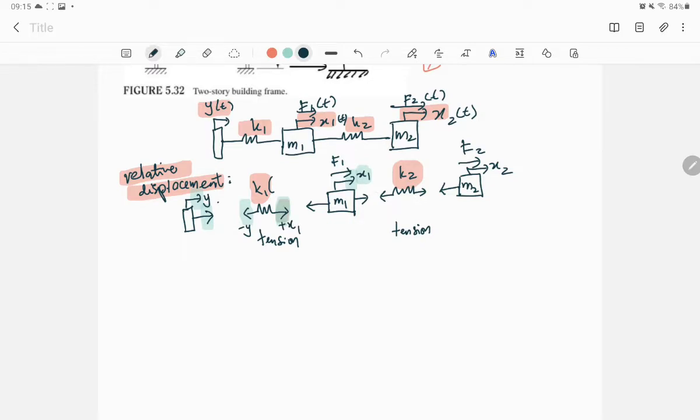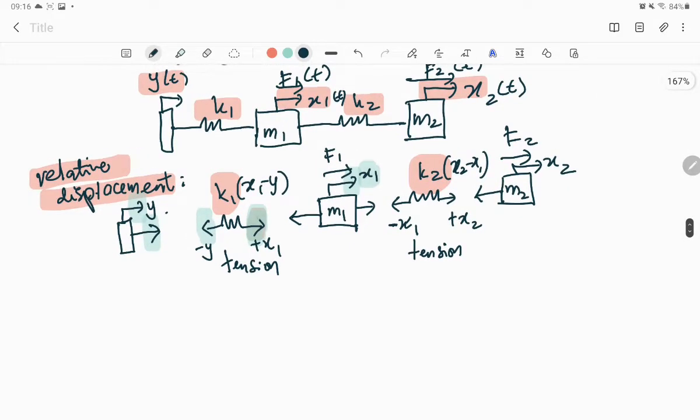Same here, this side is negative X1 because the arrowhead is opposite to X1, and the right-hand side of K2 is positive X2. So the way you write your relative displacement is X1 minus Y for K1, and X2 minus X1 for K2. Now you have all the free body diagrams cleared.